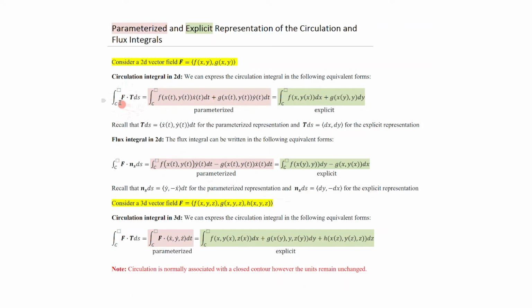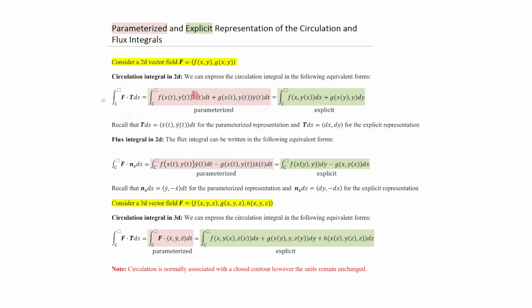And F will be evaluated at x and y, but x and y are evaluated at t. So you can see that the x component of the function will have x and y arguments, but evaluated at t, times x dot dt, plus G of x(t), y(t) times y dot dt. So all of this is a function of t. You integrate between a lower bound of t and an upper bound of t.